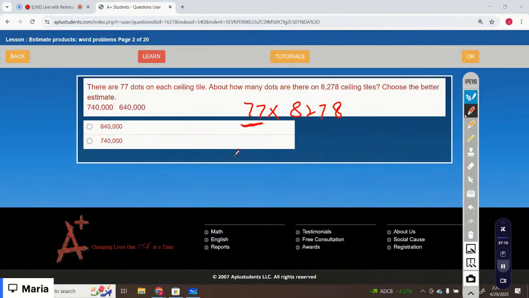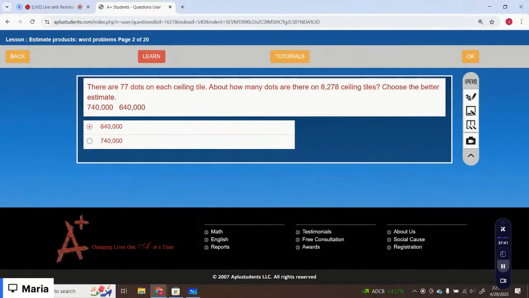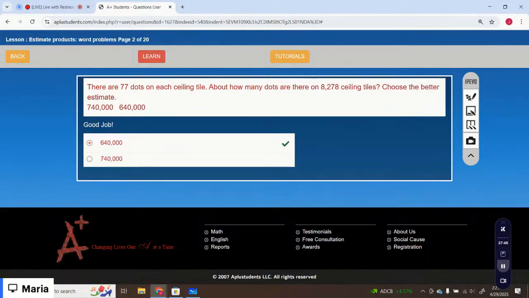So 77 is rounded to 80 and 8,278 is rounded to 8,000. So which is the correct option? That is 640,000. Option number 1 is the correct option.